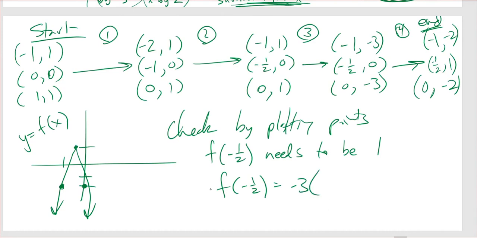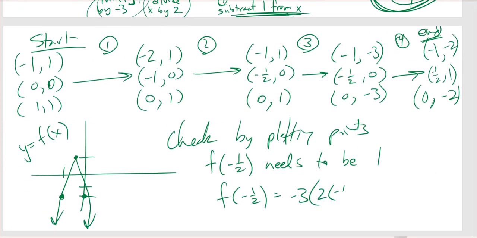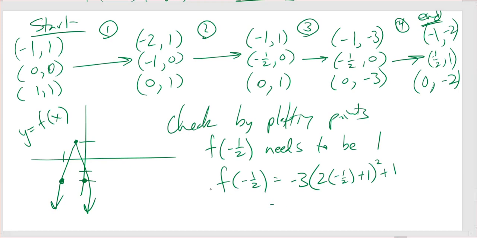This is -3 times, what was it? 2x plus 1, squared, plus 1. So we've got 2 times -1/2, that's -1. Plus 1 would be 0. Well, that's 1. So that worked.